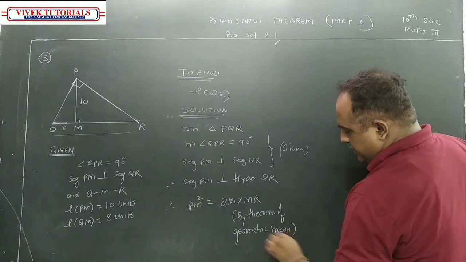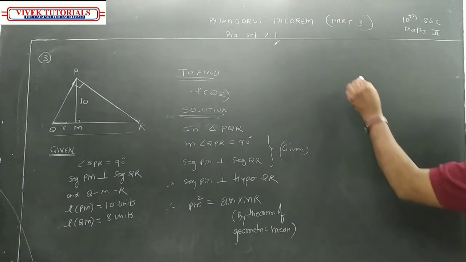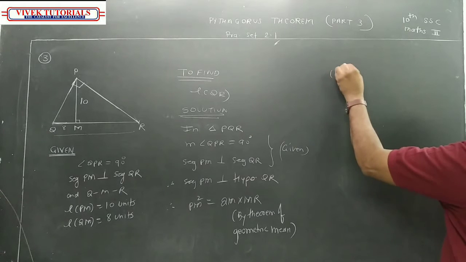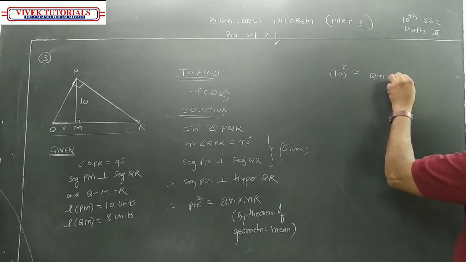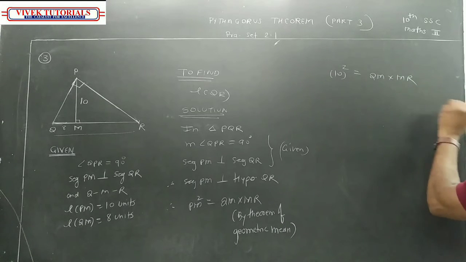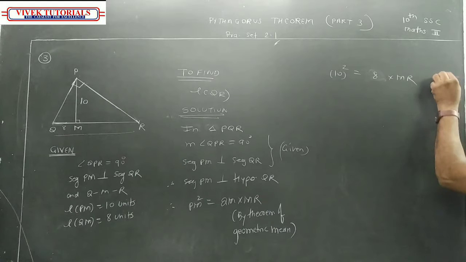What are you going to write? By theorem of geometric mean. So PM they have given 10, 10 square is equal to QM into MR. So QM is also given 8. So we are going to write given.